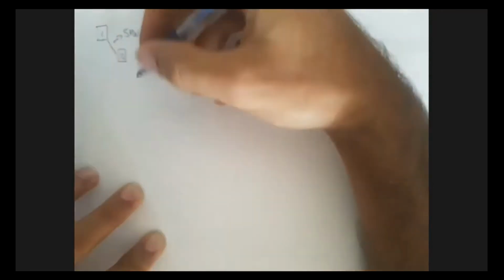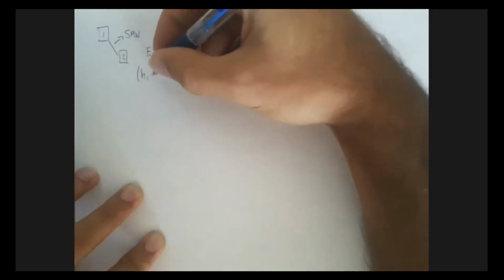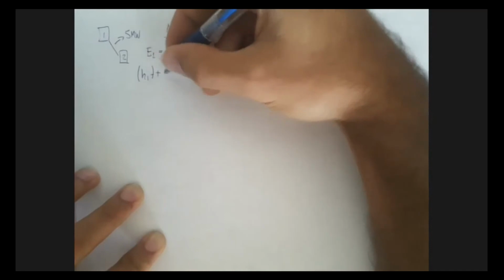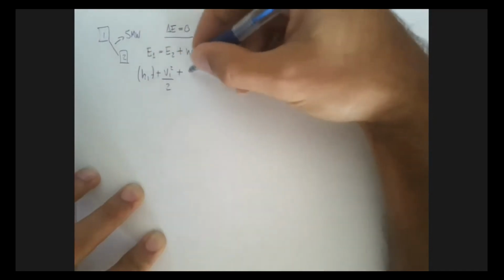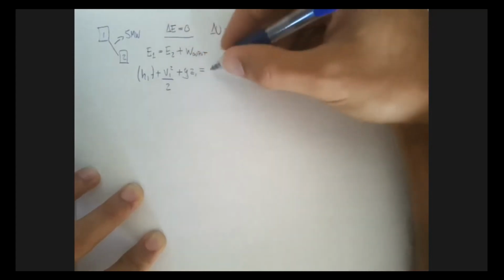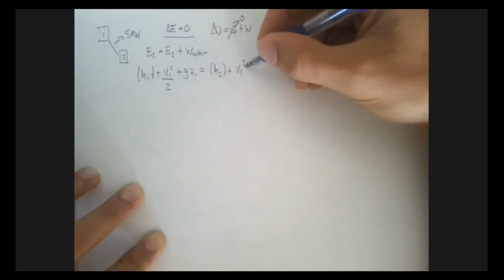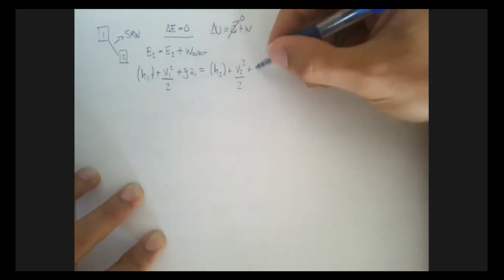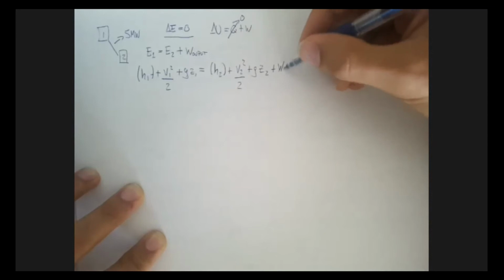Okay, what is our energy in the first state? Well, you know that already, right? It's H1 plus V1 squared over 2 plus gravity Z1, which equals the second state: enthalpy of the second state, velocity of the second state squared over 2, gravity times the height of the second state, and then the work output.